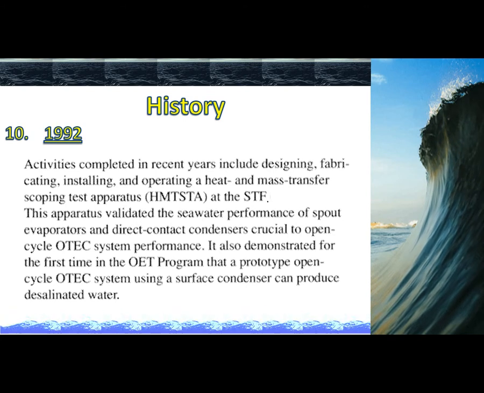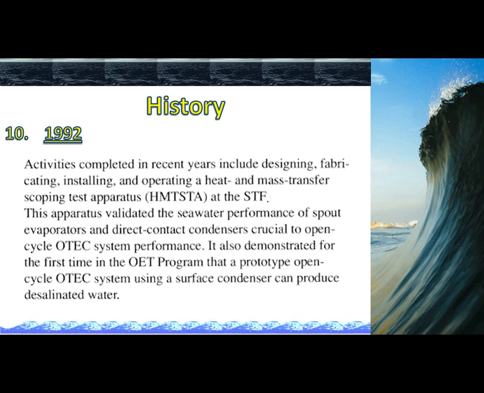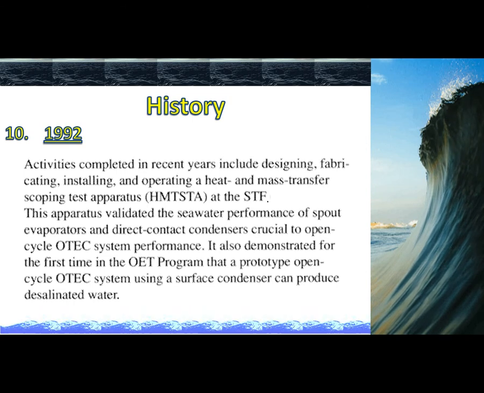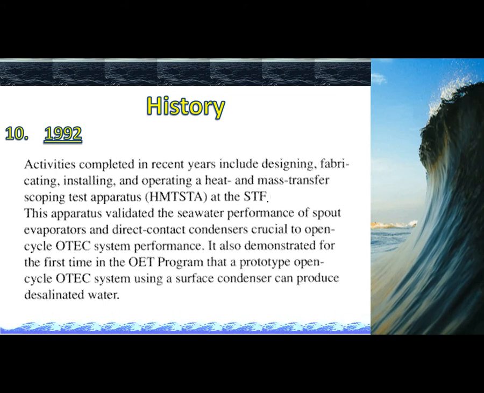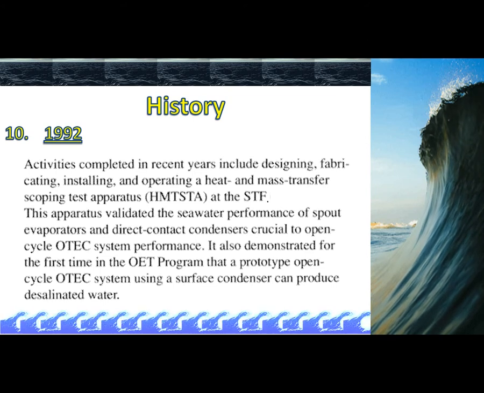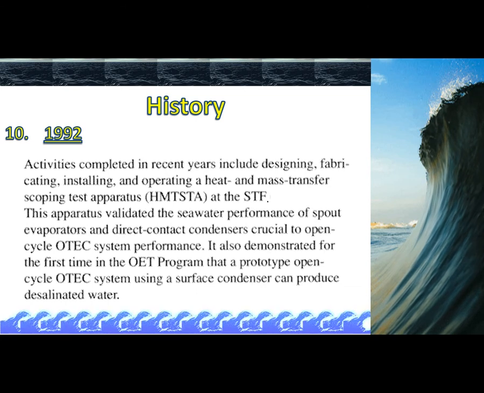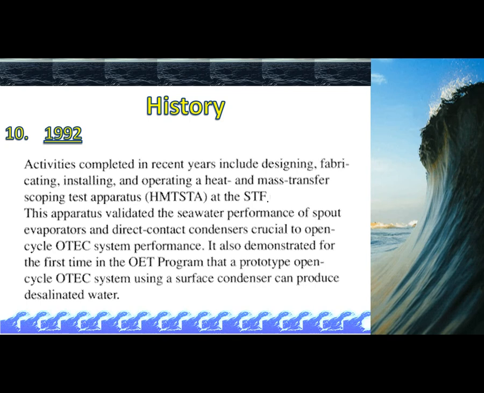Activities completed in recent years include designing, fabricating, installing, and operating a heat and mass transfer scoping test apparatus at the Seacoast Test Facility. This apparatus validated the seawater performance of spout evaporators and direct contact condensers crucial to open cycle OTEC system performance.